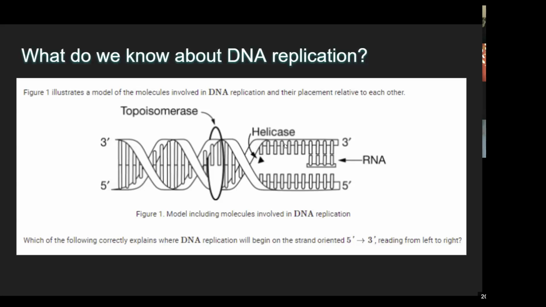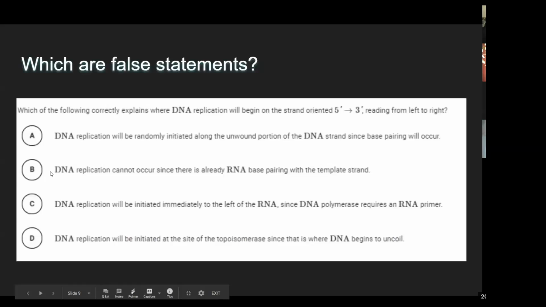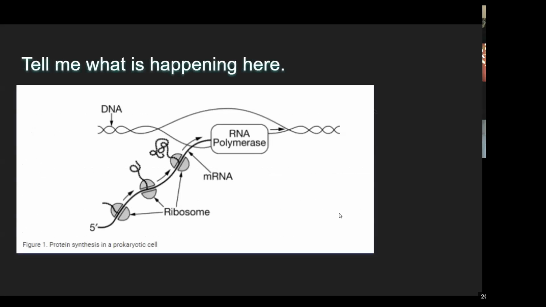So where is the next nucleotide going to go? Is it going to go anywhere in the middle? Is it going to go on this end where it's closed? Or is it going to go right here next to the RNA primer? Next to the primer. Correct. So it's going to go immediately to the left of the RNA, since DNA polymerase requires that.